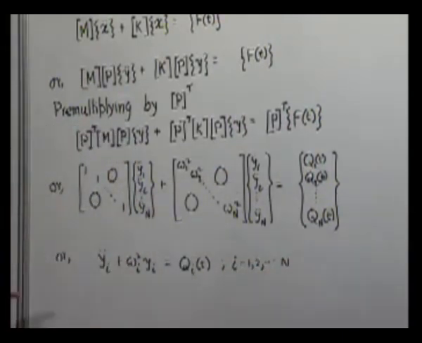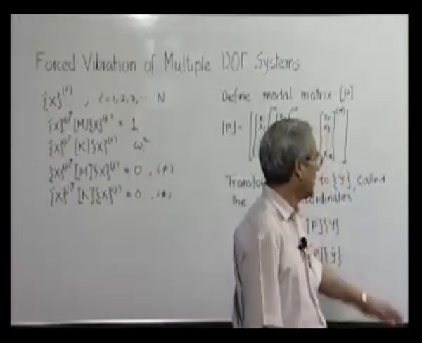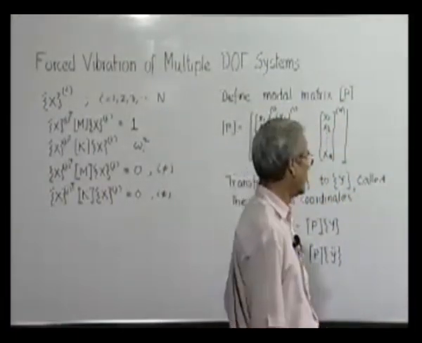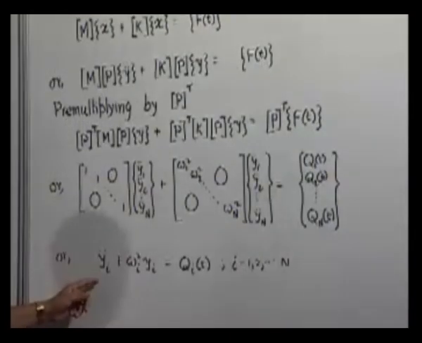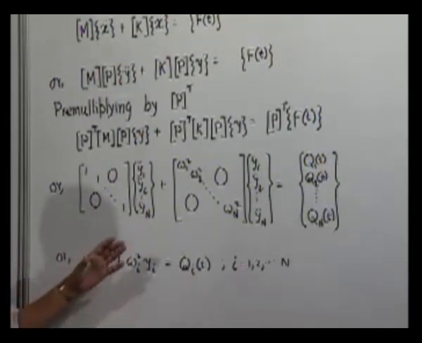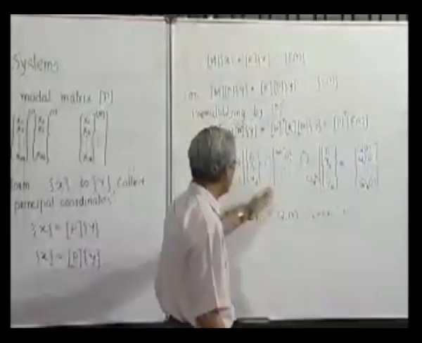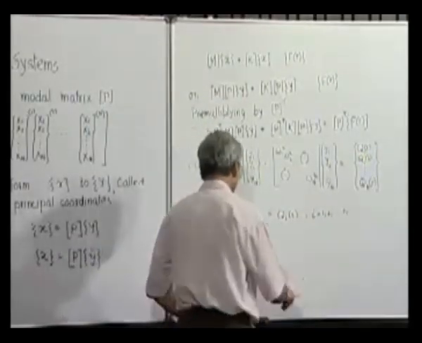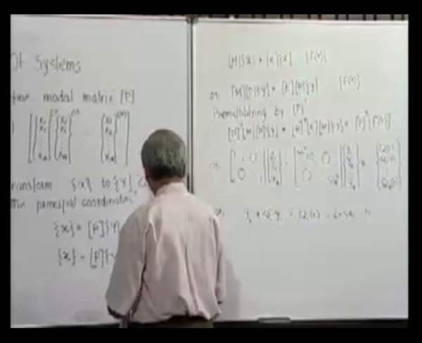So you get a simple equation which is for the single degree freedom system. We are getting n number of such equations. So y1 constitutes only y1 double dot, omega1 squared, y1 and q1. Next one is only in terms of y2, next one is y3. So they are all decoupled equations, each one representing a single degree freedom system.